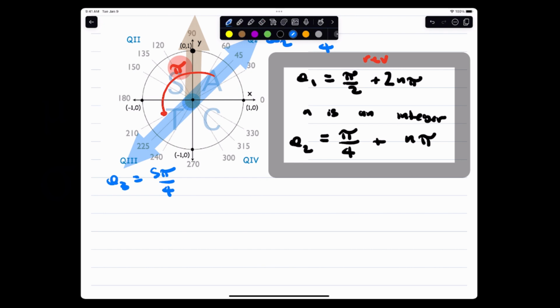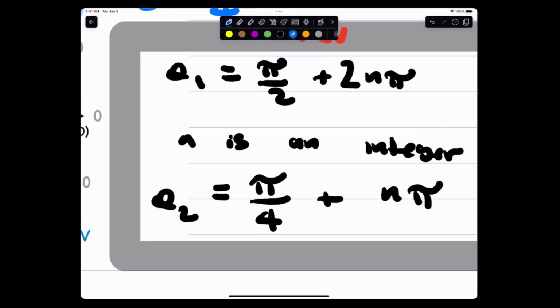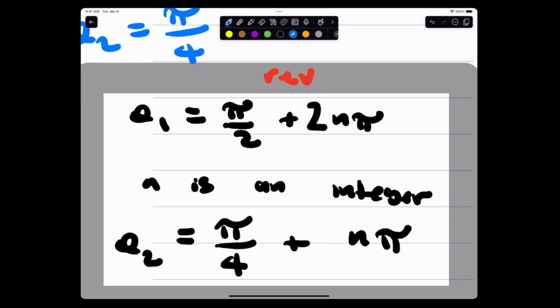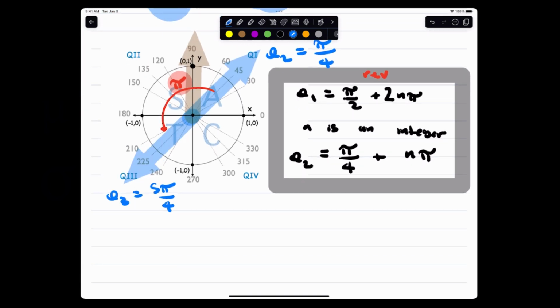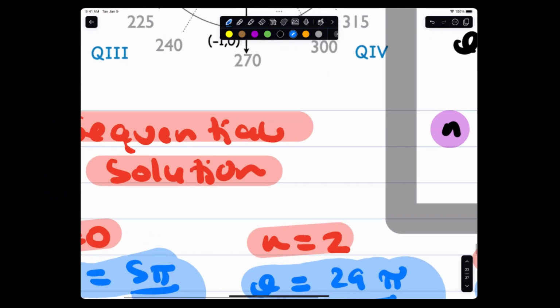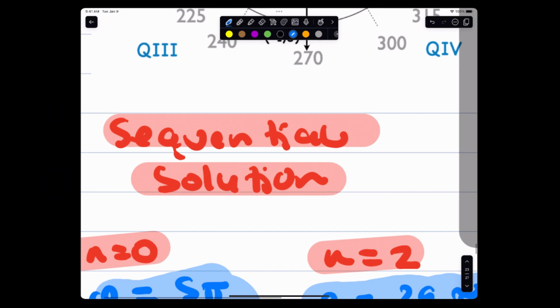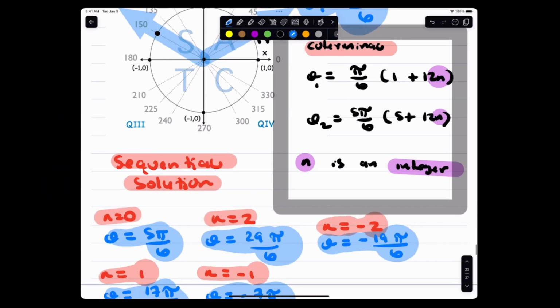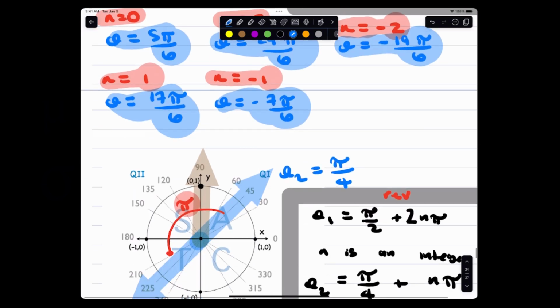So you might say, how? Well, we're going to take this over here, pi plus 2n pi now. So let's do the arithmetic. Write this in sequential form. Write it as a sequence.